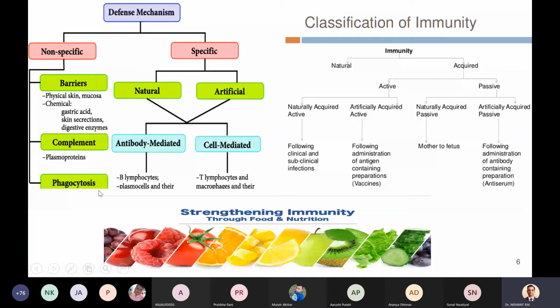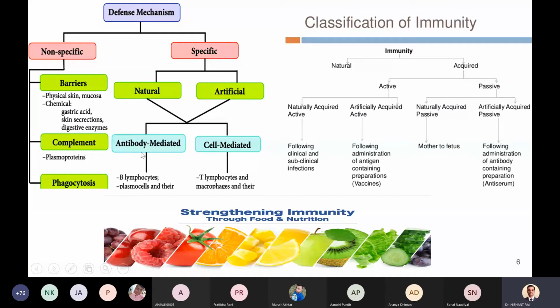One is non-specific and another is specific. So what happens when a specific microorganism enters into the body? Our body recognizes that microorganism because it is foreign, and it responds. And in that case, it gives two types of immunity.